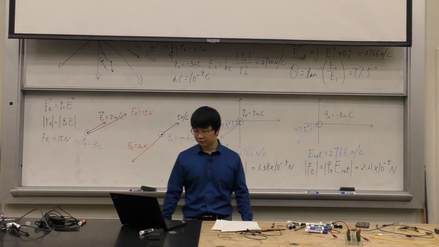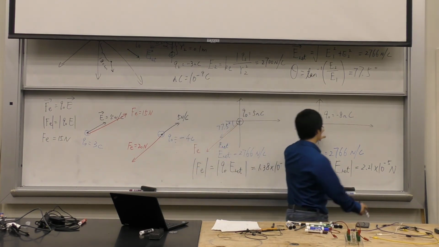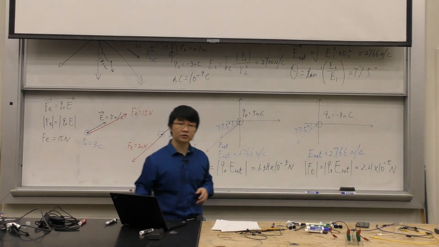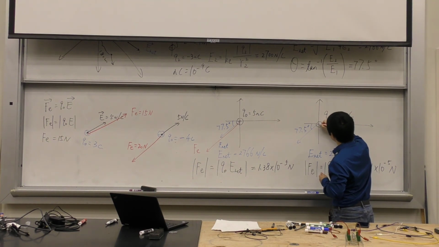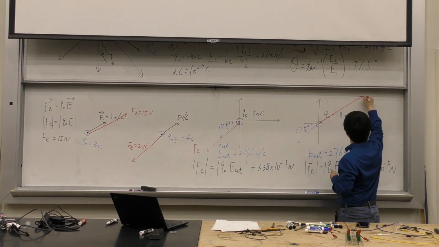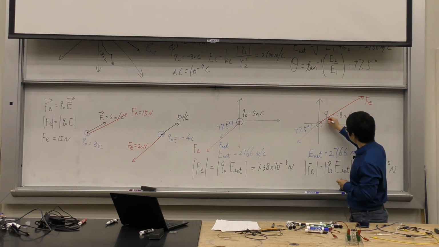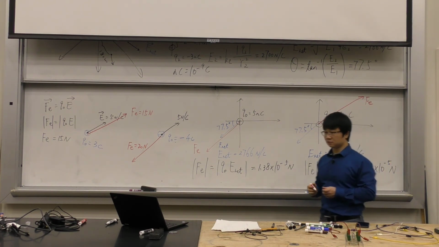This charge is going to feel that force. What about the direction? It's a negative charge, so the force is going to be opposite to the direction of the field. That's how I'm going to draw the force, opposite. Obviously it's going to make an angle of 7.5 degrees with the positive x-axis.